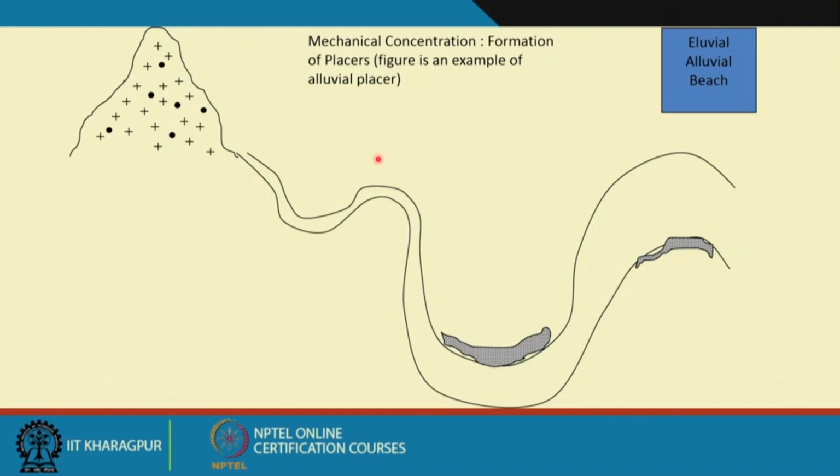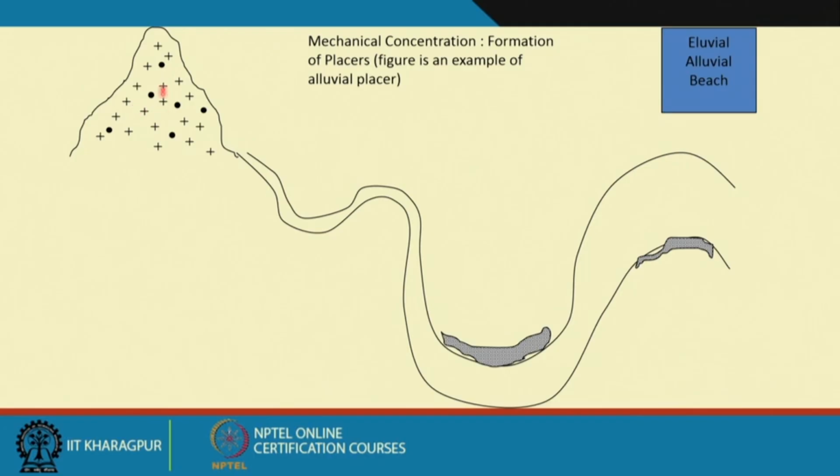We can see the diagram. This is a cartoon I have just drawn for your understanding. Take for example an exposed rock, present as a hill somewhere in the continental part.